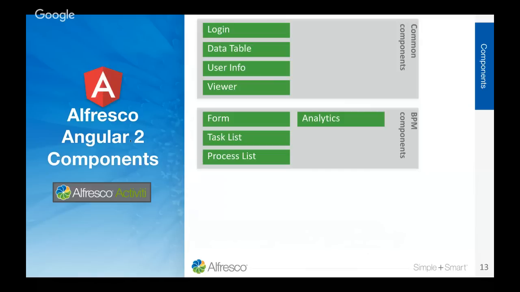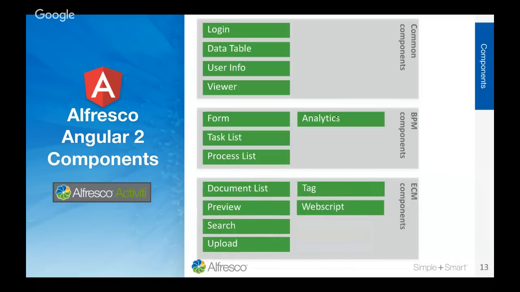And the same thing applies for the process list: list of the processes, filters of the processes, details of the process, how to start a process. All these kinds of capabilities are here inside the process list. And then we have the analytics, which of course show all the analytics of the platform.